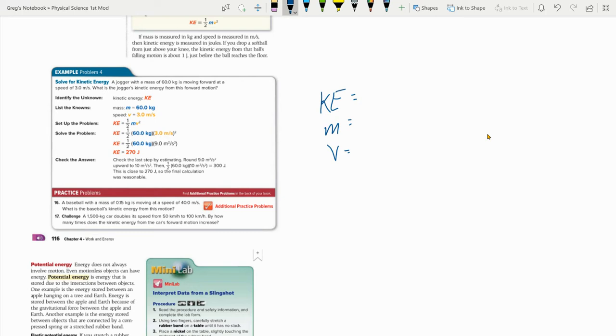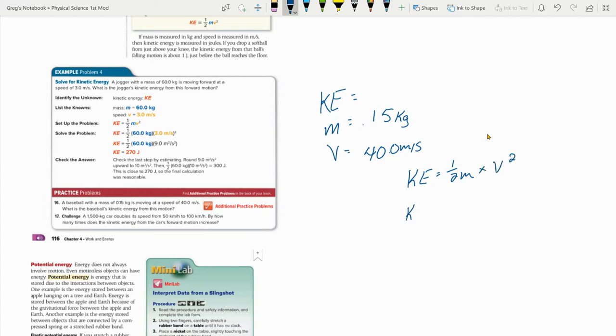Let's read one here. A baseball with a mass of 0.15 kilogram has a speed of 40 meters per second. Kinetic energy equals 1/2 the mass times velocity squared.